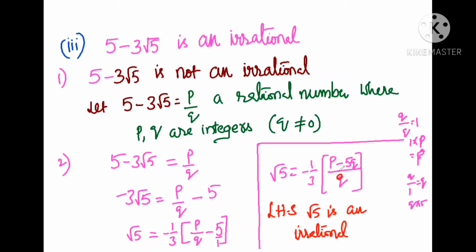If you take any values for p and q, you will get only a rational number. Right side, minus 1 by 3, so p minus 5q by q.